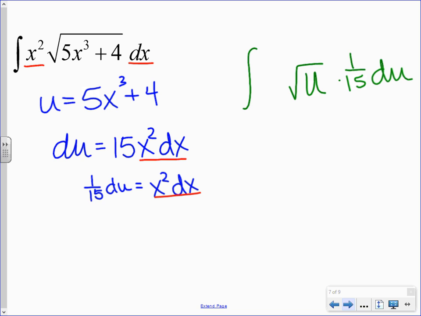Okay, now this doesn't look very pretty. We can rewrite it. My suggestion would be to take that coefficient, throw it on the outside of the integral, just save it till the end, and then we can write this as u to the 1/2 du because then it's easier for our power rule.